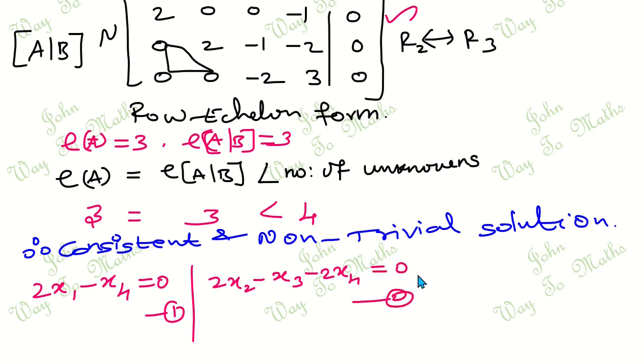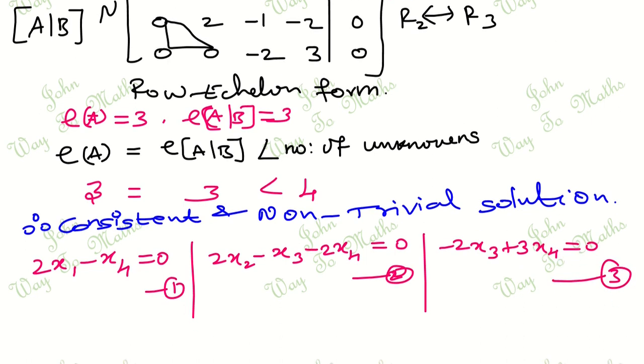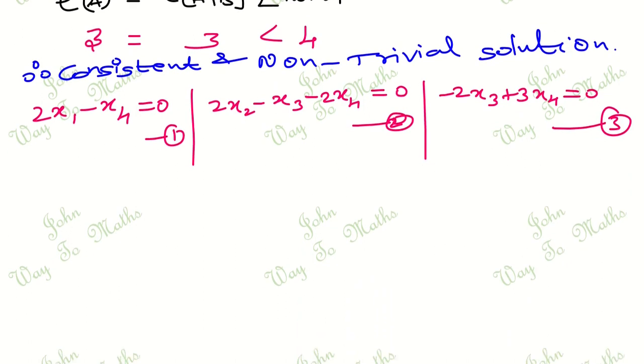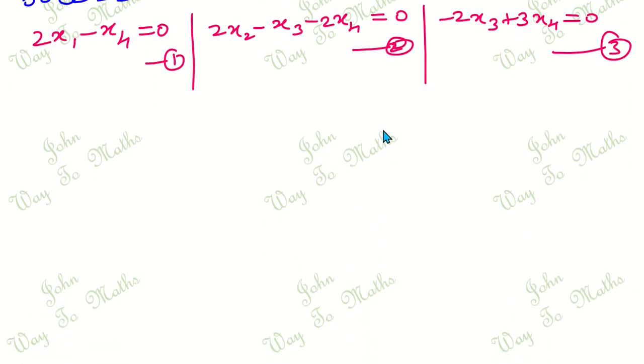Consider this equation number 2. Then the third equation becomes, x1 term and x2 term are absent, only x3 term is there: minus 2 x3 plus 3 times x4 which is equal to 0. Consider equation number 3.